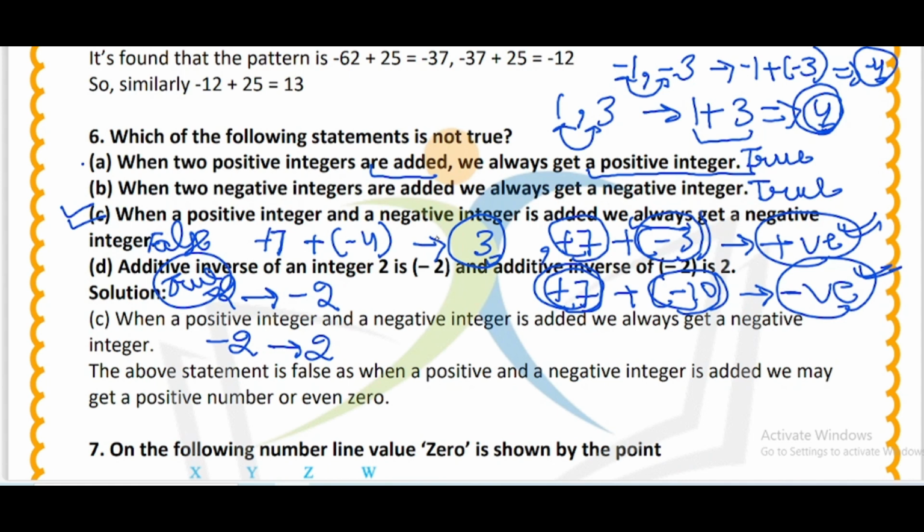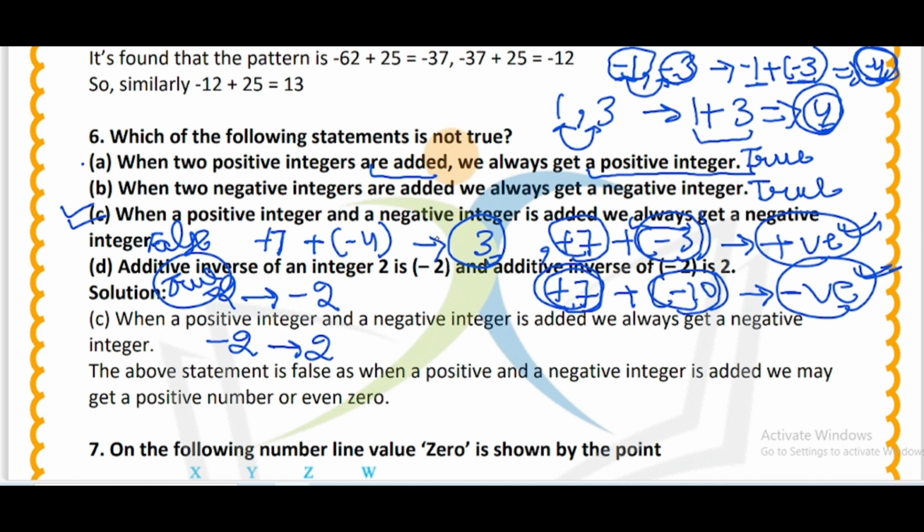Then part B, when two negative integers are added, we always get a negative integer. When two negative integers, we assume minus 1 and minus 3, both are negative integers. When we add two negative integers, then we also get a negative integer. Then the statement is true.